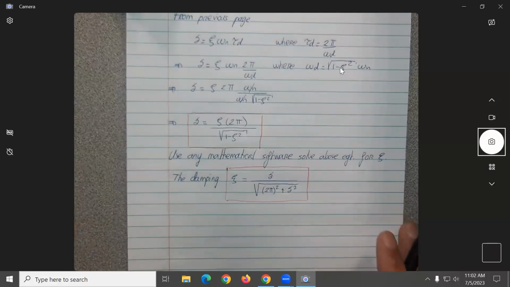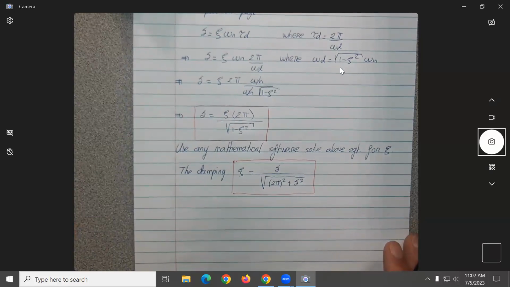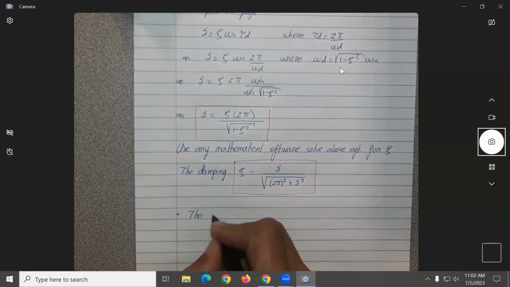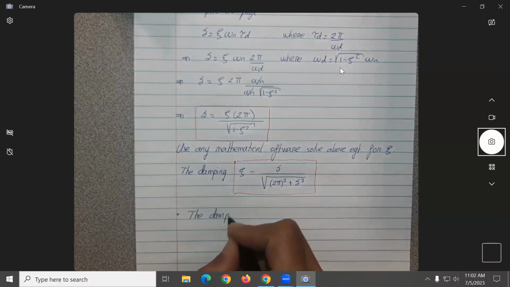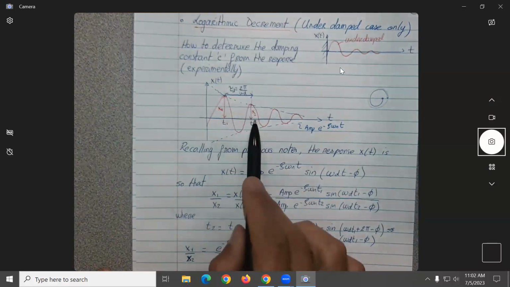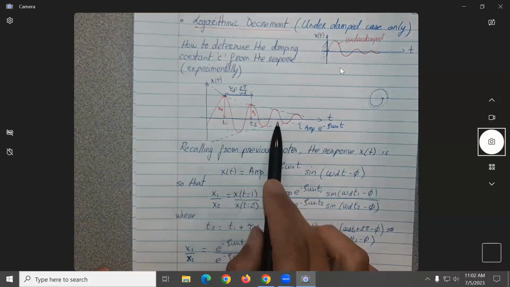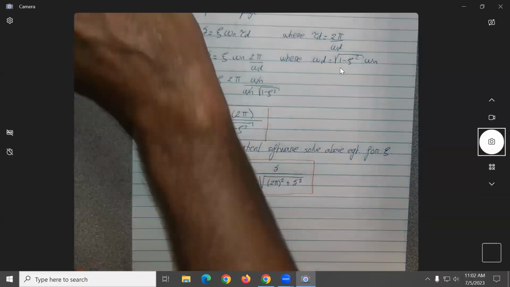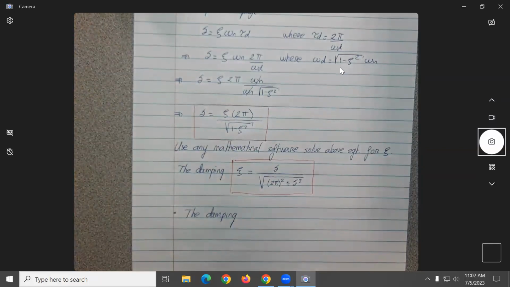Okay, so let me just finish with one thing. So the damping. What we were discussing before: basically, we can calculate the damping just looking at x1, x2, but we could look at x2, x3, x3, x4, and so on. So in general, you will not just do one, you will do all of them, and you will take some type of average.